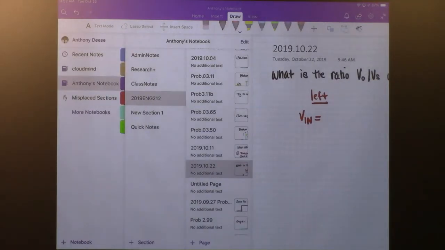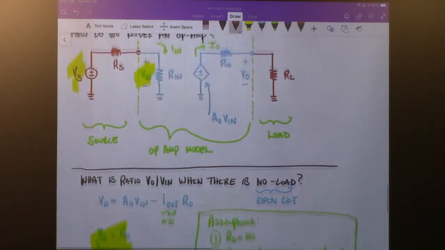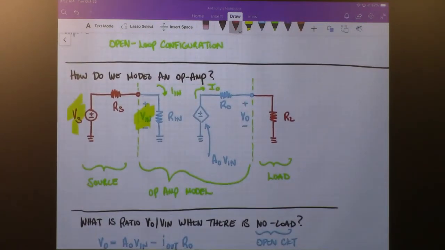So let's go back here for a second. How do we define V in terms of Vs? What does that look like? It's the kind of circuit we've seen before. The left-hand side has a name. Hopefully by now you all know that name.